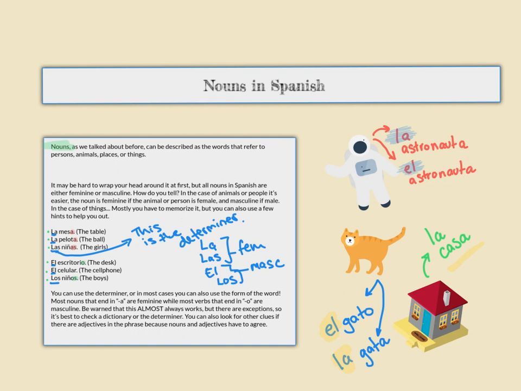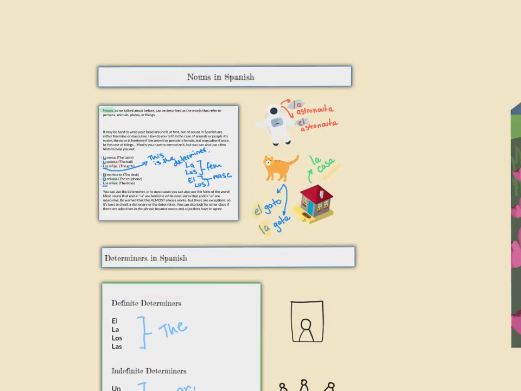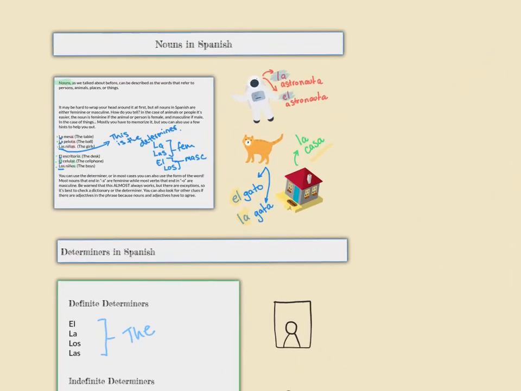But you can see right here, it doesn't always work out. So the best thing that you can do if you do have a doubt is to check the dictionary or to check for clues in the context of the sentence. So in this case, we can tell that because it has el, again, that'll help you determine that it's a masculine noun. Okay, so now let's look more closely at two types of determiners that we have right here.